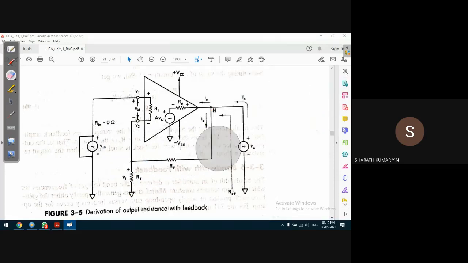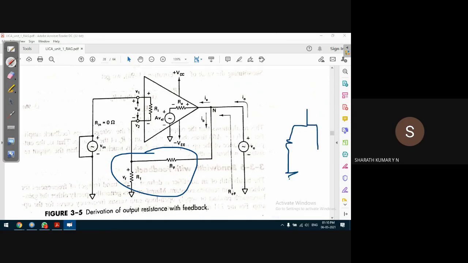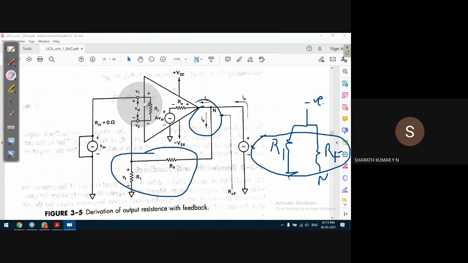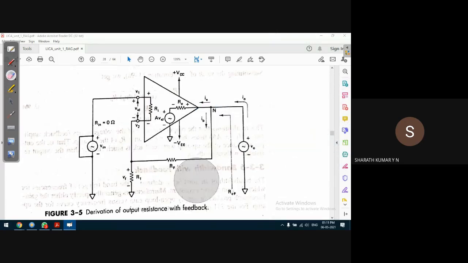If you see the network as it is, it looks like RF and R1 are in parallel combination, going to the inverting input terminal. But based on the current magnitude, we can consider that as a series combination.